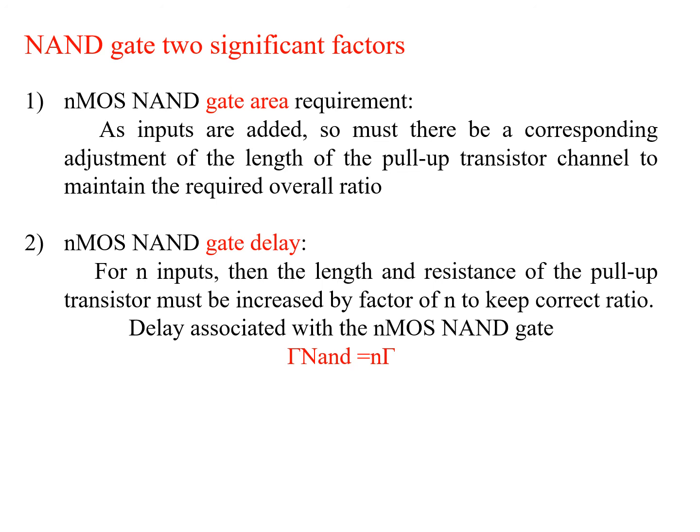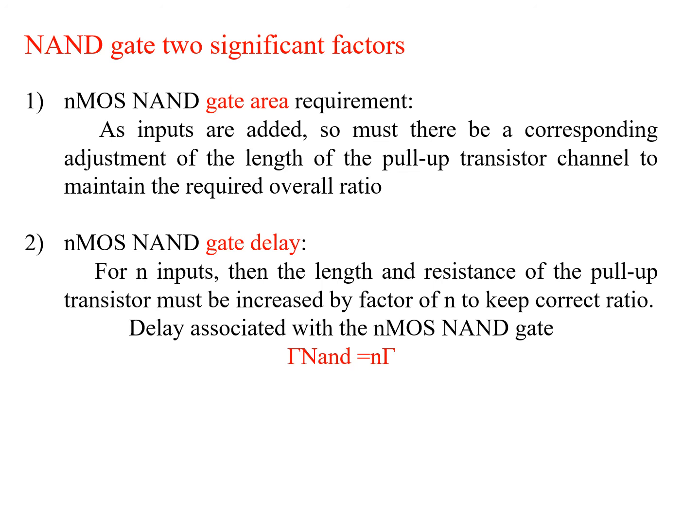For an N-input gate, the length and the resistance of the pull-up transistor must be increased by a factor of N to keep the correct ratio, and the delay associated with this NMOS NAND is given by the equation T NAND is equal to N times T. So whatever is the delay for one particular transistor, you need to multiply that by N, the number of MOSFETs. So these are the two significant factors of your NAND gate.